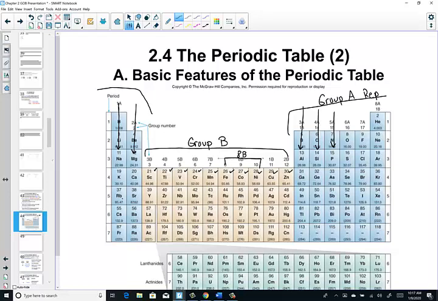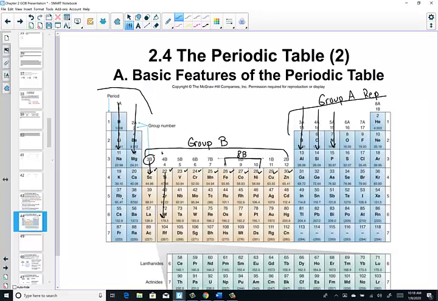However, notice how they are numbered into Group B categories. Scandium's family, the first of the short columns, is actually starting with a 3B, and that's because of the number of valence electrons, those electrons in the outermost shell. Then we see titanium's family.